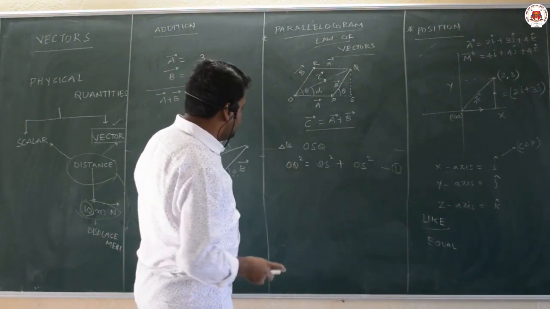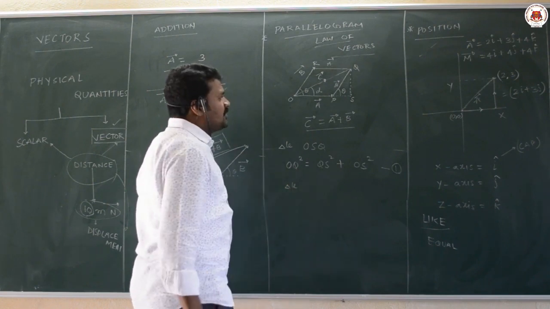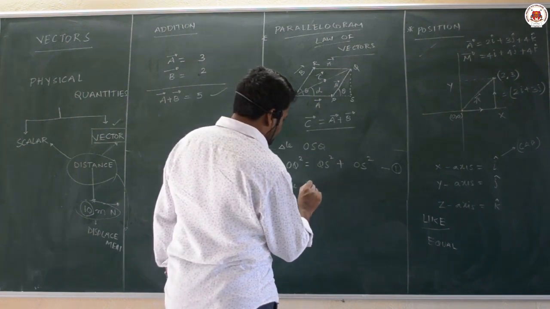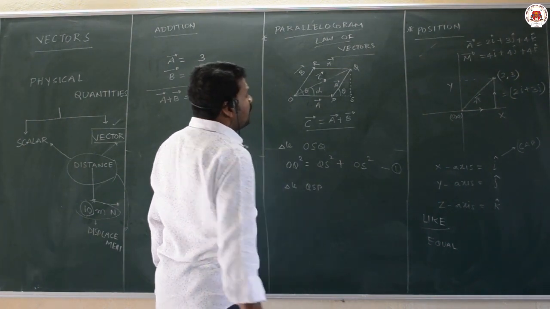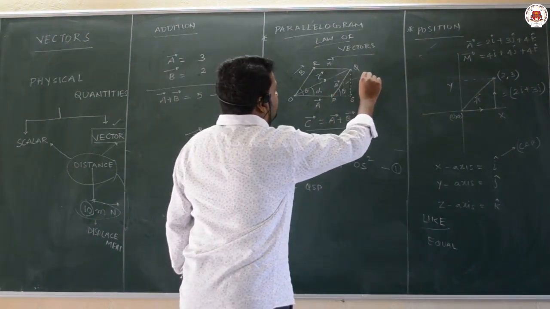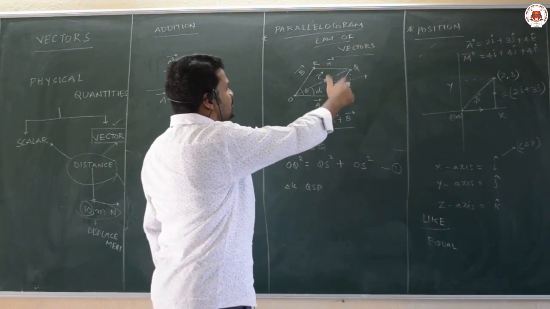Next, take the triangle which we constructed, QSP. In triangle QSP, you write sin theta. Sin theta is equal to opposite side by hypotenuse.